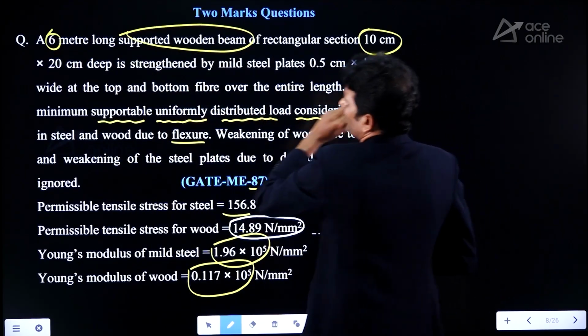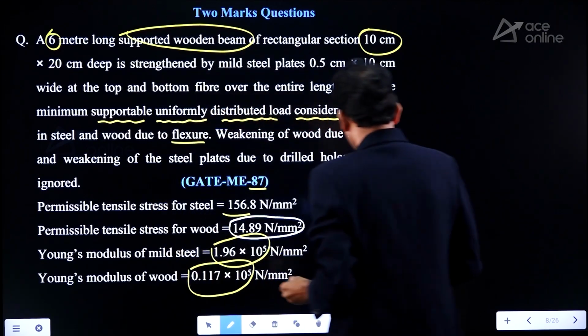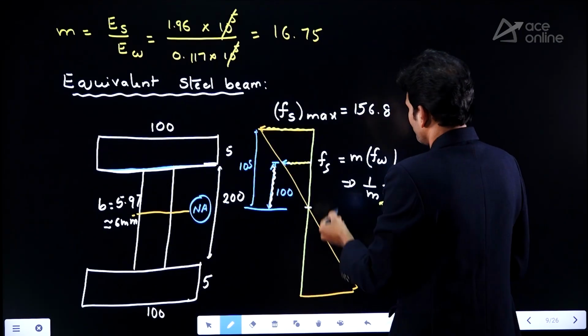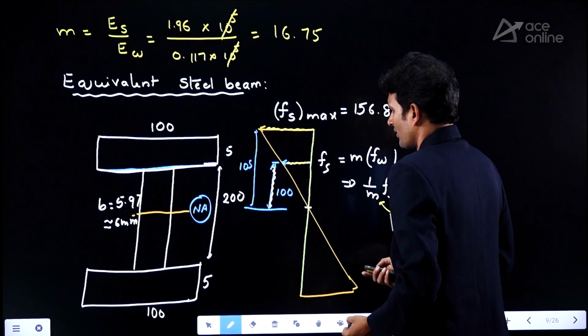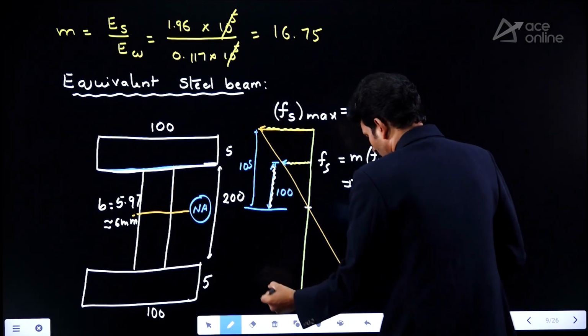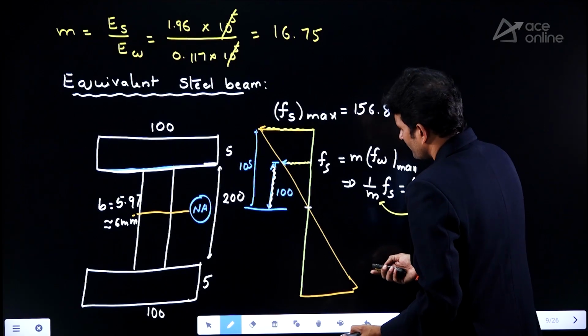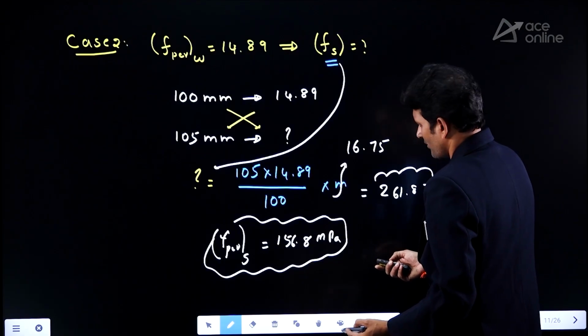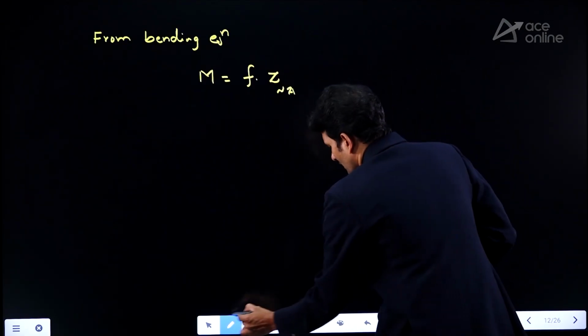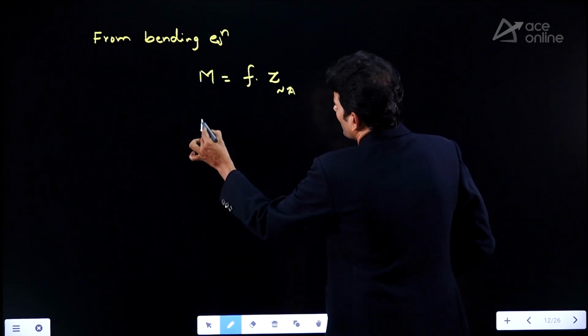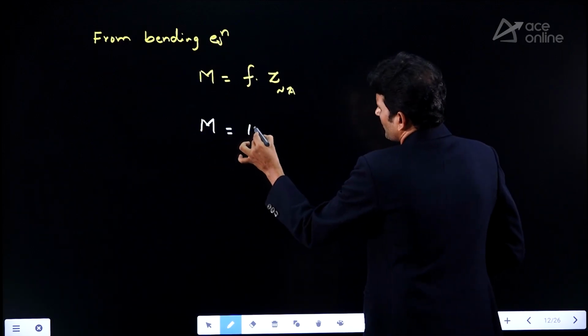Cross-sectional dimensions are given for the equivalent section. Very good. When I am taking this one, M equals, you try to find out that.